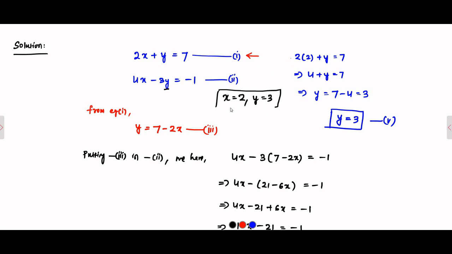So always remember simple steps: pick one equation, express one variable in terms of the other, put that value in the other equation, get the value of one of the variables, and then using that you can calculate the value of the other variable. Simply as that. Okay, so this is another question on linear equations in two variables using substitution.